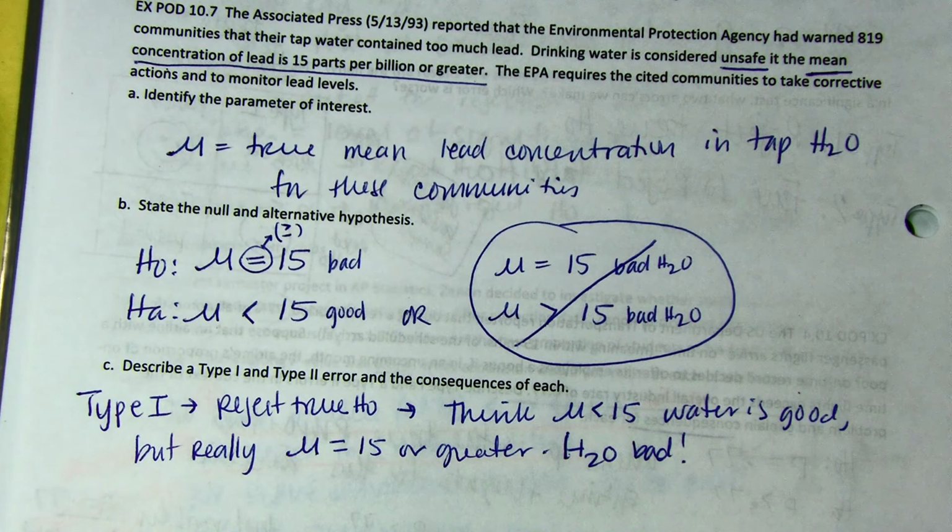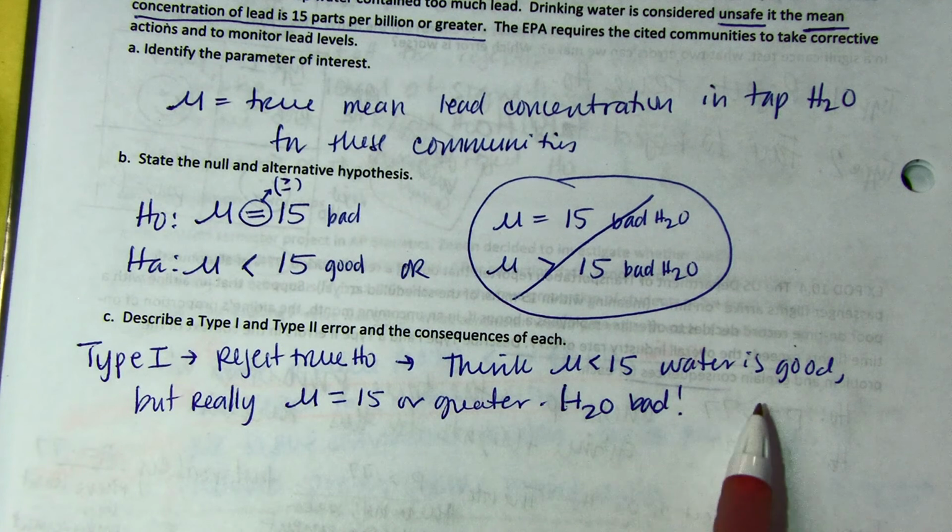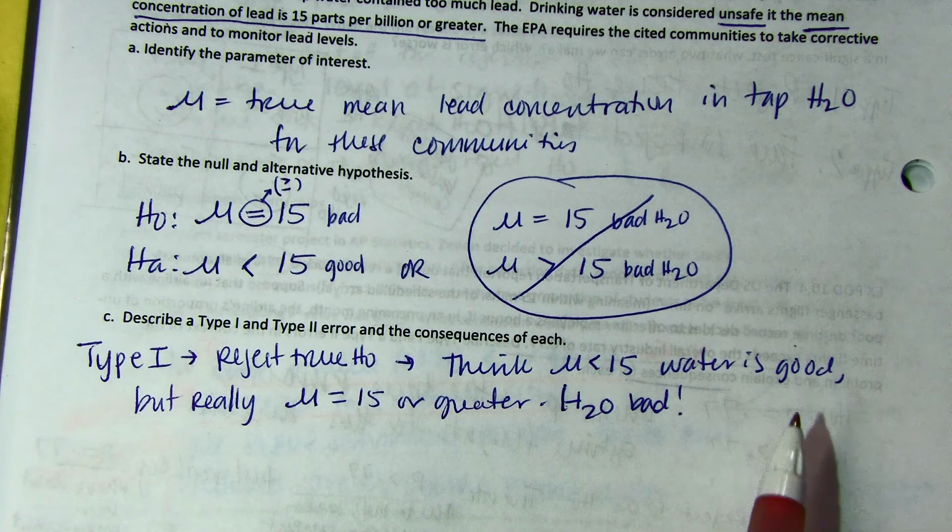I think the water's good. Let's say the water district is deciding whether or not to approve the water for drinking. So the water district thinks that the water is good, but really the water is bad. So they're going to say, oh, the water is good, go ahead and drink it.